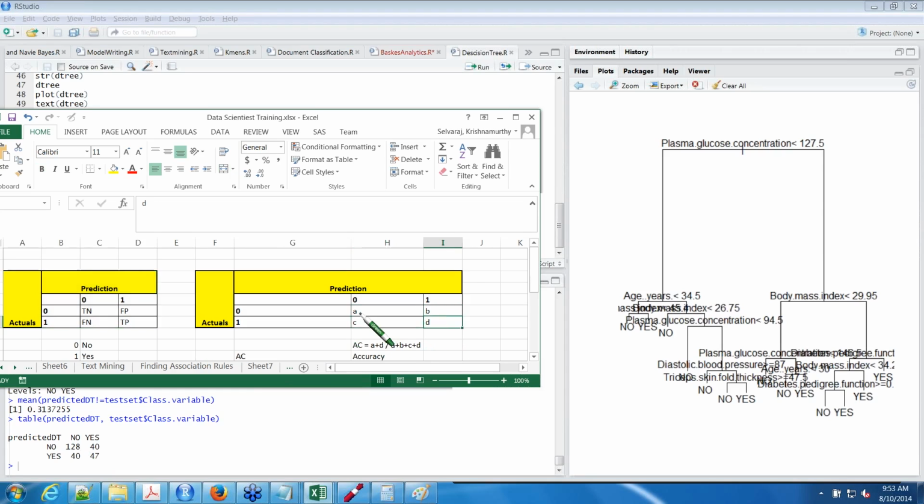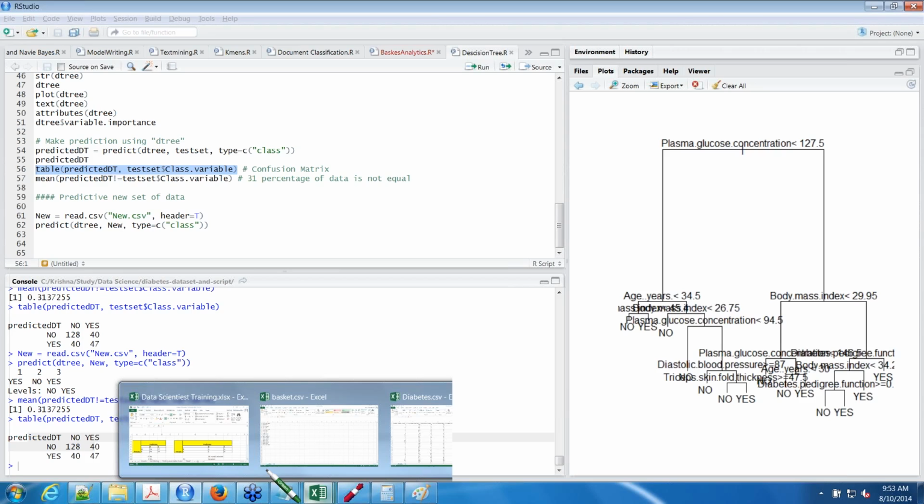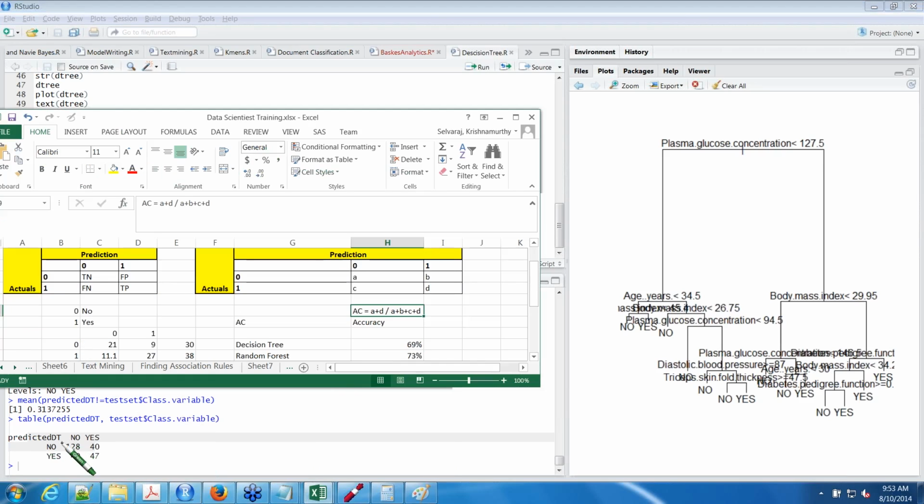Then you have to add all the true values and divide by all the values of the confusion matrix. You see this data? Madhu, do you see this data? 128, 40. This data you have to apply here.